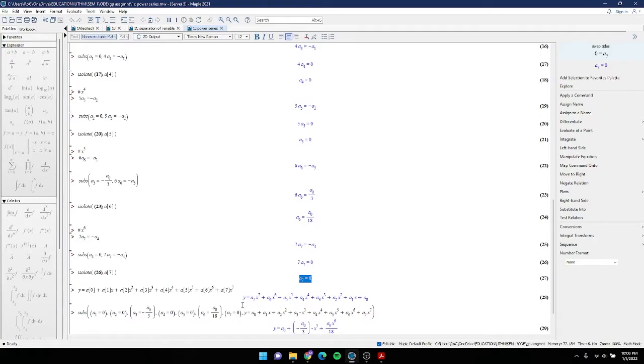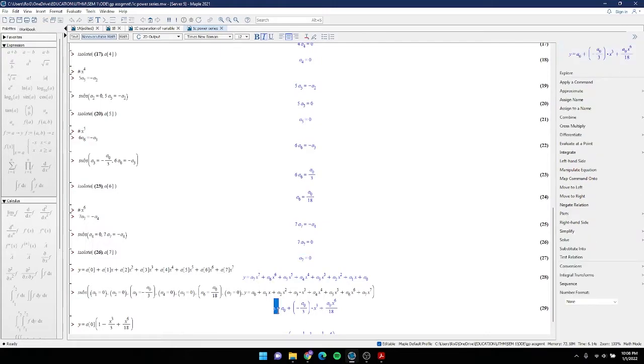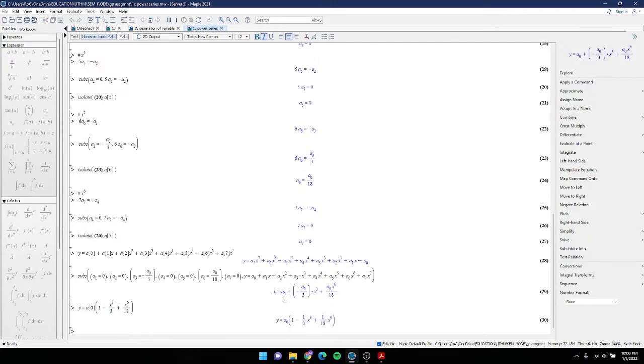So we substitute the values of a0, a1, a2, a3, a4, a5, a6 and a7, and we get the final answer: y equals a0 minus a0 over 3 x to the power of 3 plus a0 over 18 x to the power of 6.